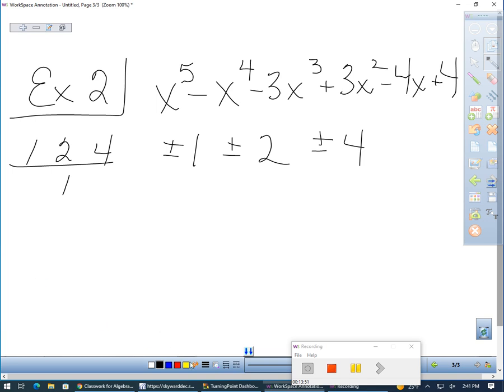So now our highest exponent this time is a 5, which means when we're all done, we're going to have 5 solutions, right? But to start, how many do I have to find? 3. Got to find 3 to begin with out of our possible. Okay? So grab your graphing calculator and either go into the table, type it into y equals, find out where your zeros fall, or graph it.